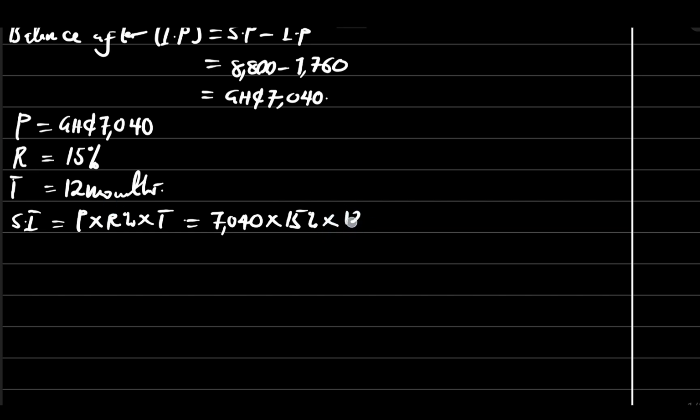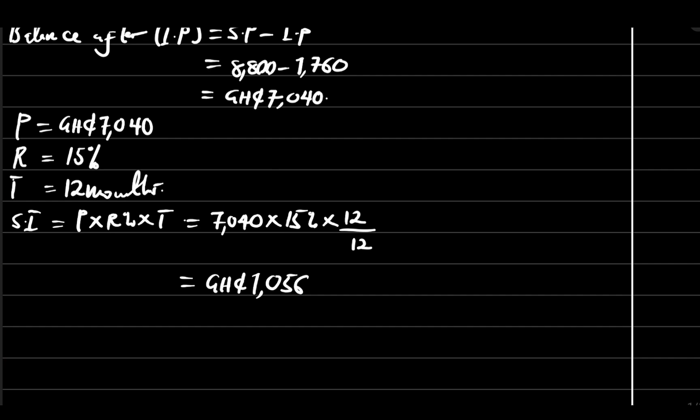In this case, it becomes 12 over 12, or just write 1 year. So in summary, you're supposed to get a simple interest value of 1,056.